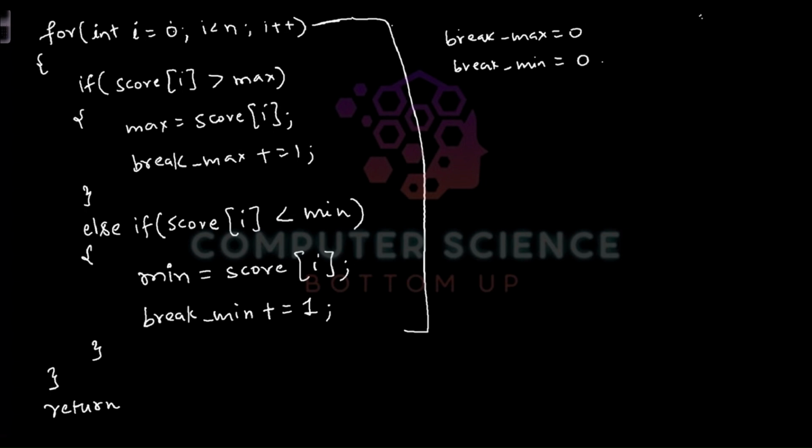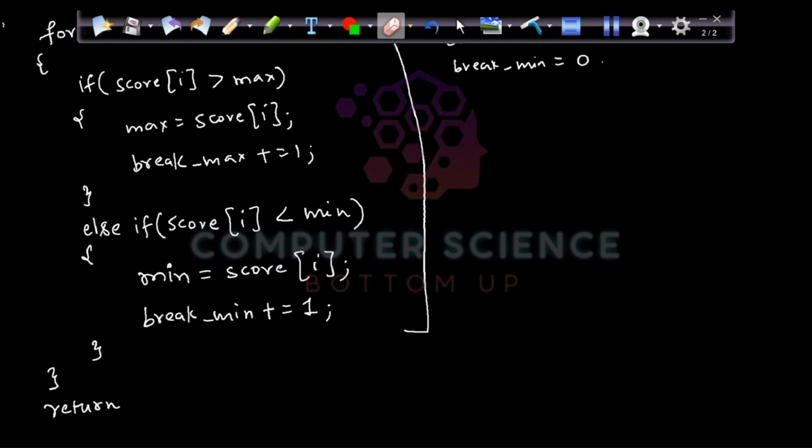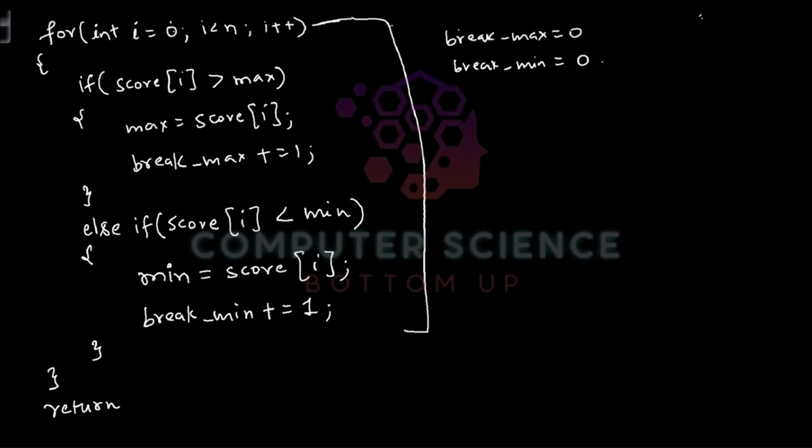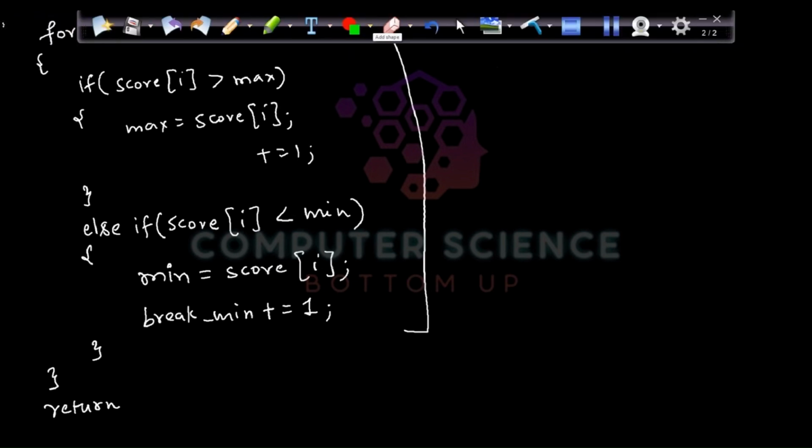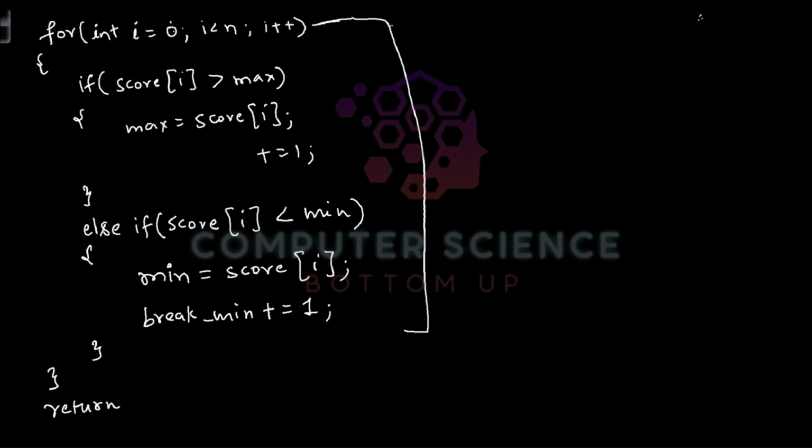Actually, let me do a slight change, because we have to return the array with 2 indices. In place of break max, initially you have an array called break scores, break score array, with 2 elements equal to 0.